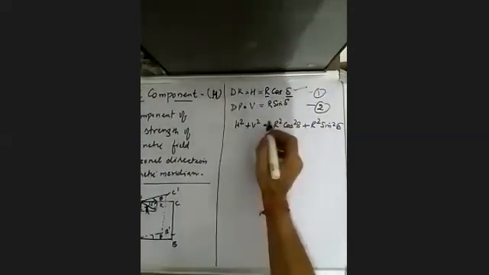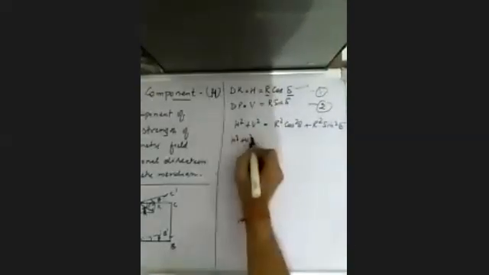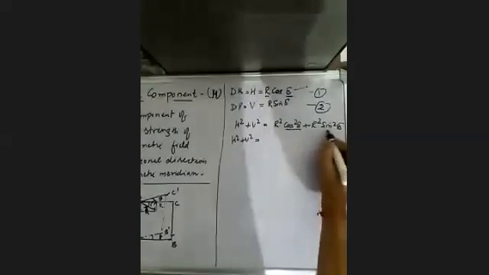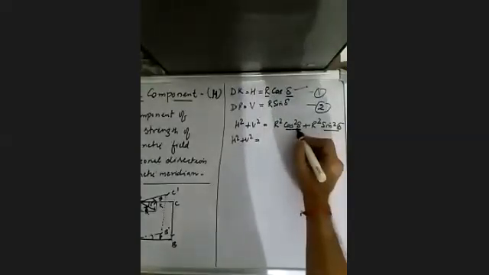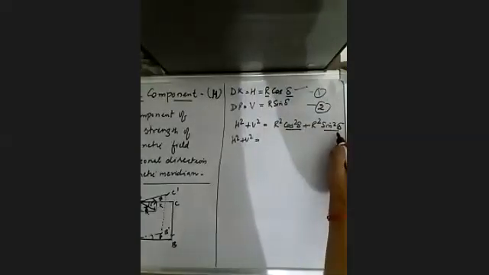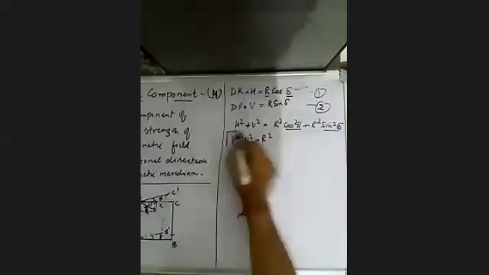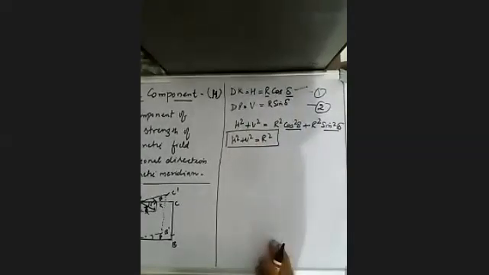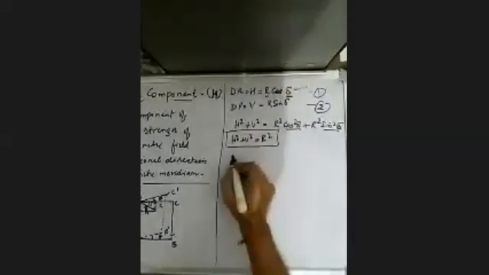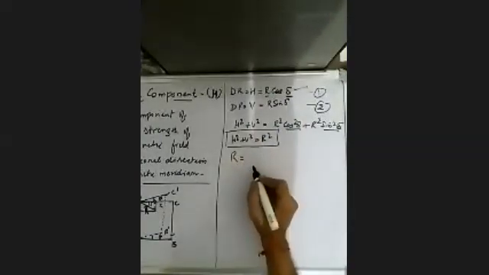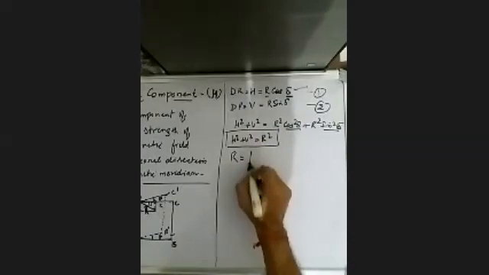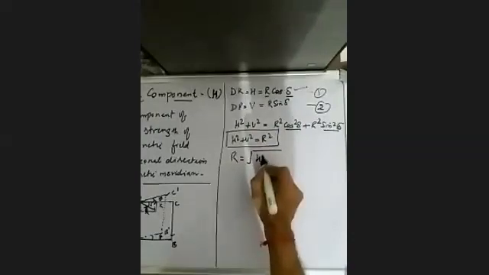We take R square common, and the sum of sin square delta and cos square delta is 1, so it is equal to R square. Therefore R, the strength of the total magnetic field of the Earth, is given by the square root of H square plus V square.